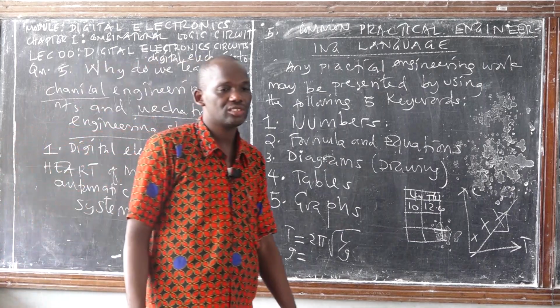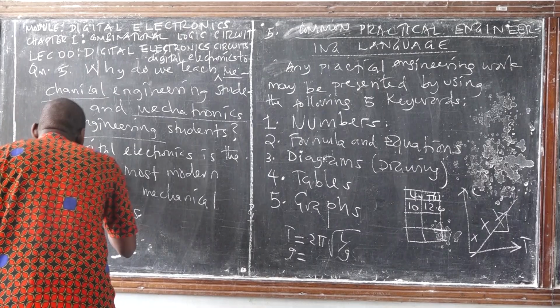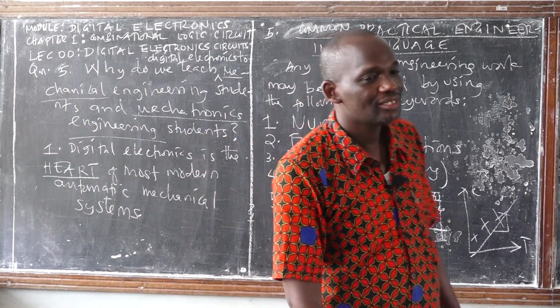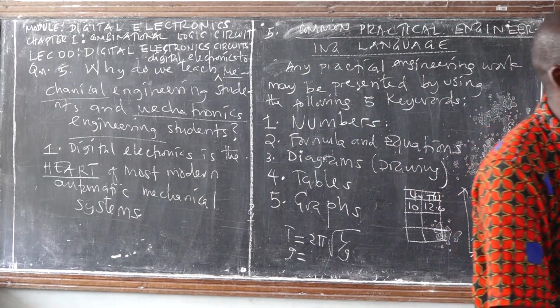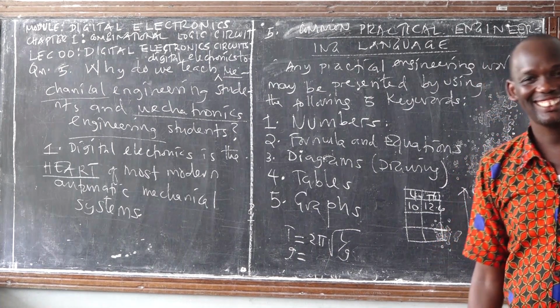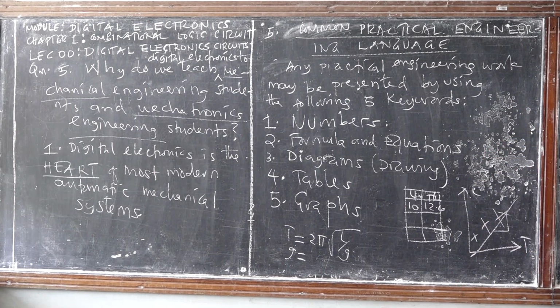That's the first reason. So why do we teach you digital electronics? Because it's a heart. Ask your neighbor, do you have your heart? Can you show me? Do you know the main function of your heart? Can you give me your heart? You said you love me. You can't.